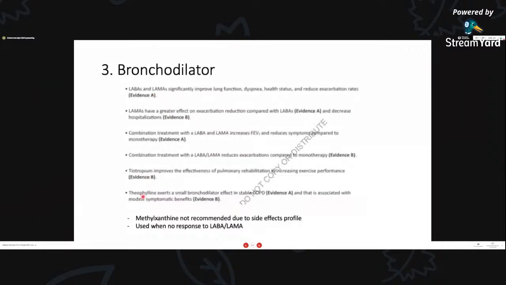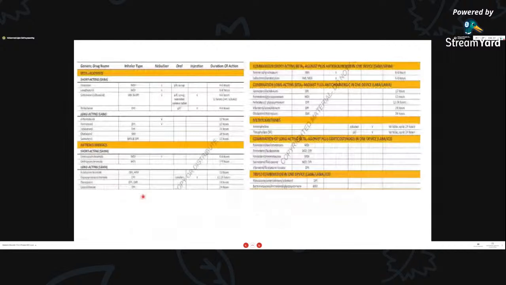However, methylxanthine is not recommended in the guideline because of its side effect profile. It is only to be used when you have a poor response towards LABA and LAMA combinations. Now, these are some of the drugs; just memorize a few. Don't need to memorize all.